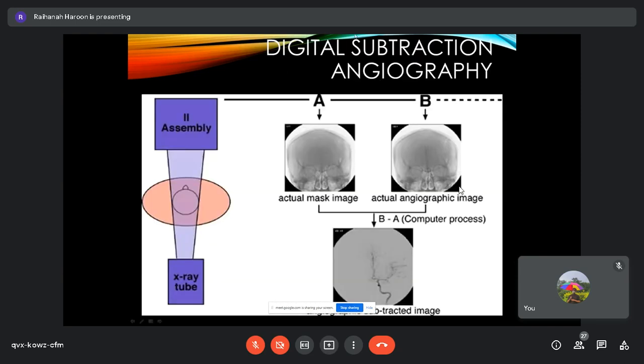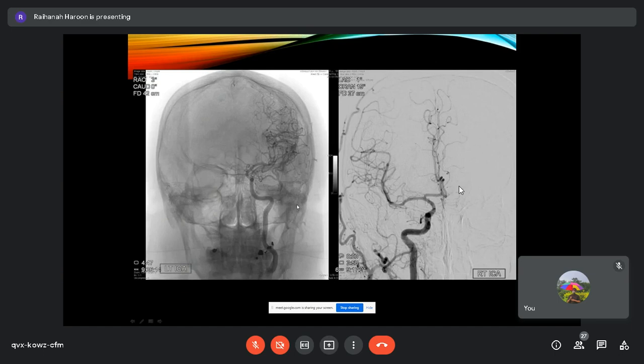The principle is the same as fluoroscopy. It's just that it has an extra function of digital subtraction. As the name implies, it's not difficult to understand. Imagine during an angiogram, usually this is a cerebral angiogram, the indication is usually to look for AVM or intracranial aneurysm.